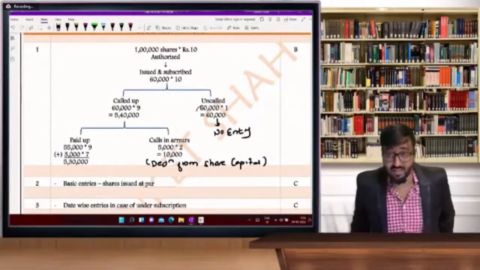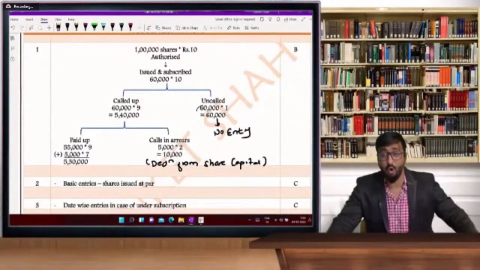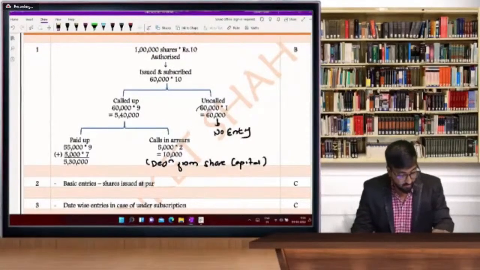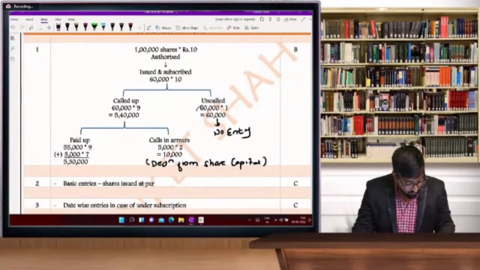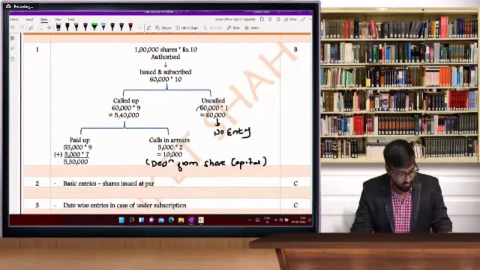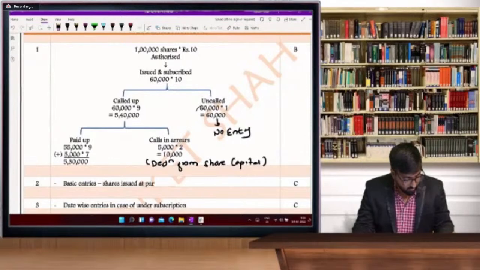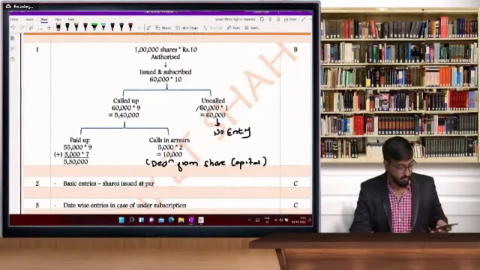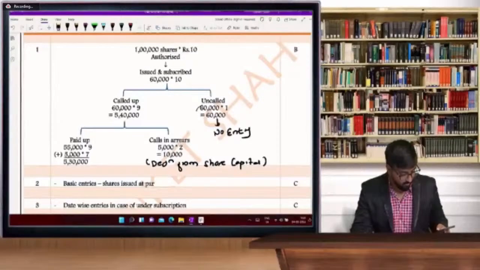So the remainder is calls in arrears, and calls in arrears you are going to record in the balance sheet as a deduction. Chalo, tell me over after writing this chart.